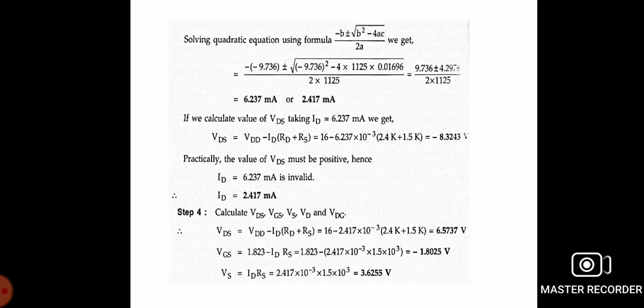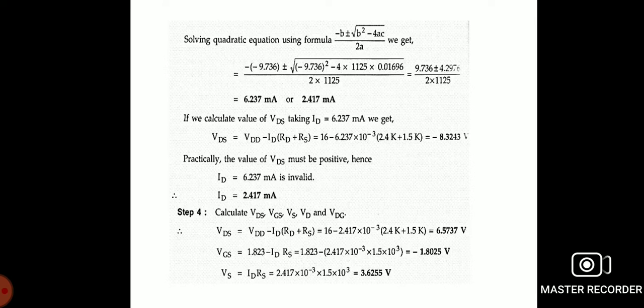If we calculate the value of the drain source voltage, it takes the drain current as 6.237 milliamps. Now we have to apply in the VDS and ID. Practically the value of the drain source voltage must be positive. The drain current is equivalent to 2.417 milliamps.